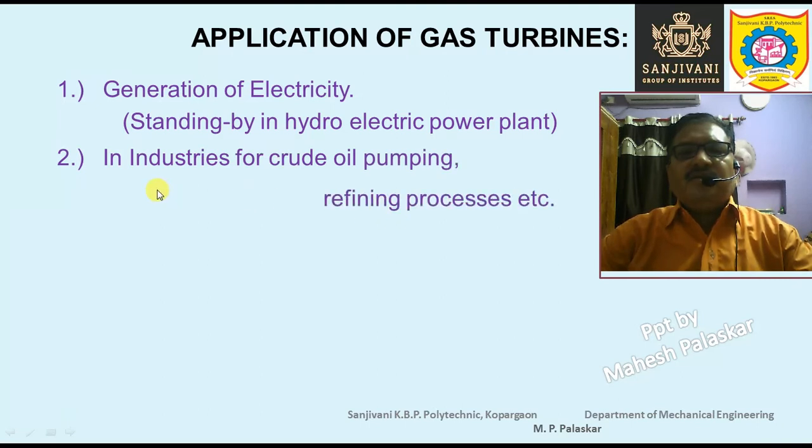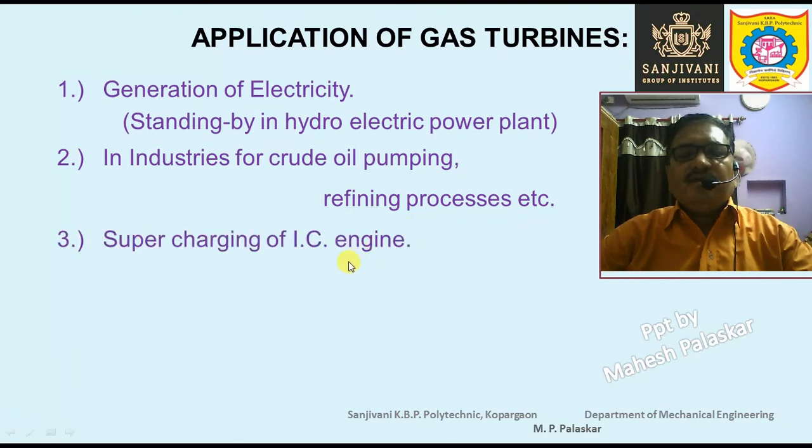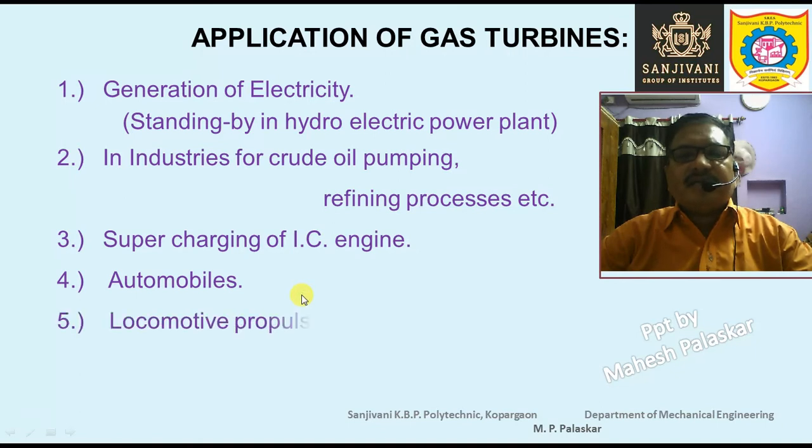Gas turbines are also used in industries for crude oil pumping and the refining process. Supercharging of IC engines is also done with the help of the turbines. In automobiles also we have several applications of the gas turbines.